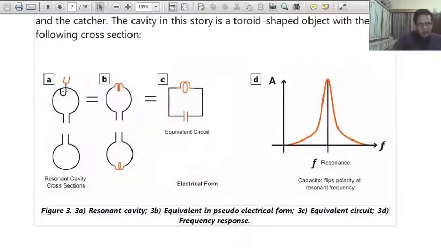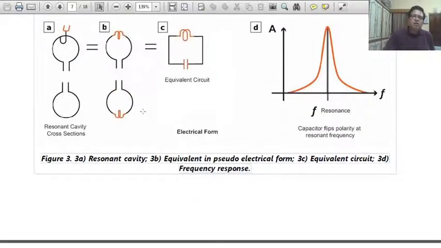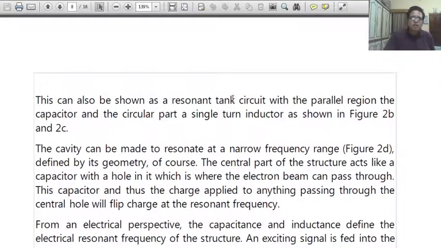This is equivalent to an electrical form, L and C in parallel, with resonance. The capacitor flips polarity at the resonance frequency. This kind of resonant cavity is equivalent to an LC resonant circuit.